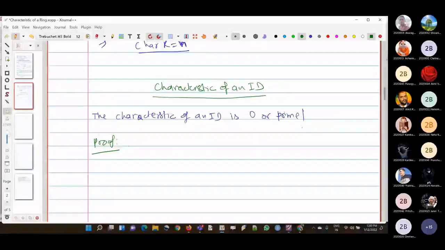So a ring which is commutative and having identity is called an integral domain if it has no zero divisor, or the cancellation law holds. Yesterday we talked about how we can replace having no zero divisor with a cancellation law.